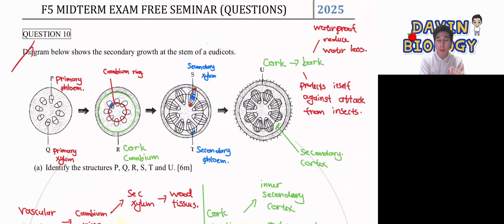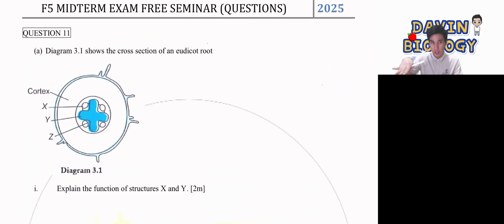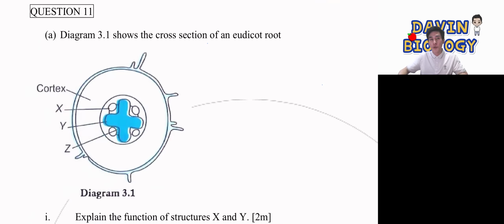Most of the time they ask about stem, and the type of stem we are looking at here is dicotyledon. Eudicot means dicotyledon, I mean woody plants, because only woody plants can undergo secondary growth. And this is the root. Secondary growth in root they seldom ask, but in case they do, you also need to know what happens here. Now for root, there's only one ring. The vascular cambium; cork cambium don't have.